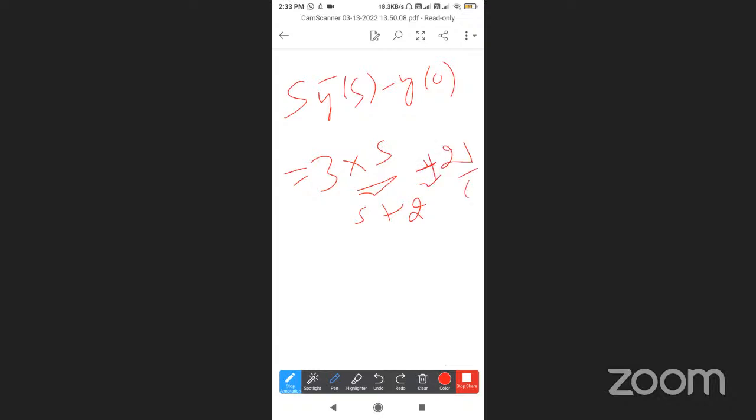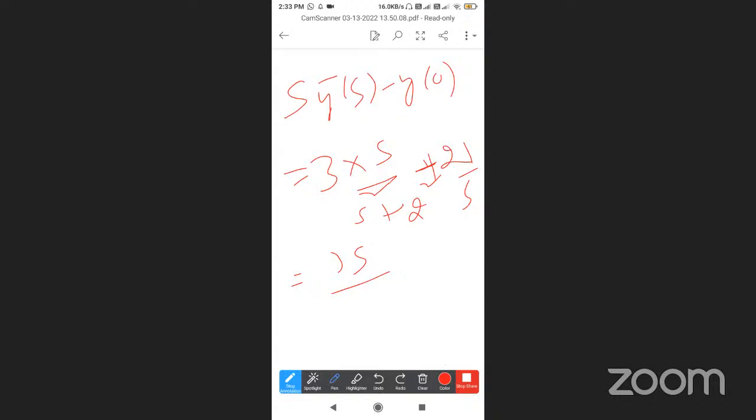Using the formula for y dash of x, s times y bar of s minus y of 0 is equal to the Laplace transform of y dash x. 3 times the Laplace transform of cos 2x is s by s square plus 2 square, plus 2 times the Laplace transform of 1, which is 1 by s.